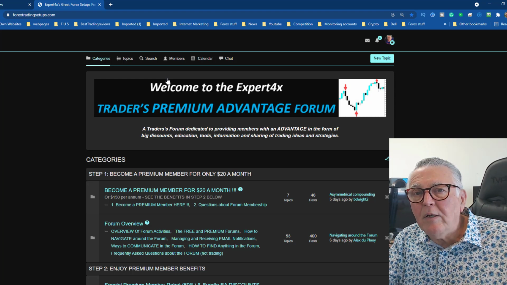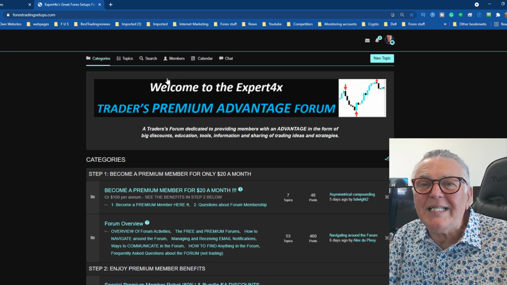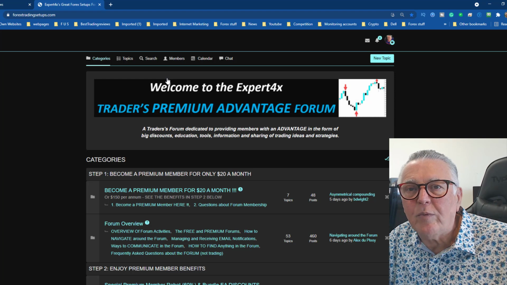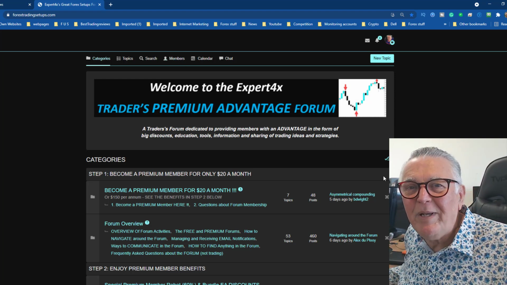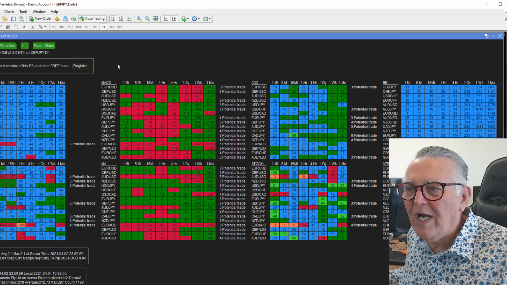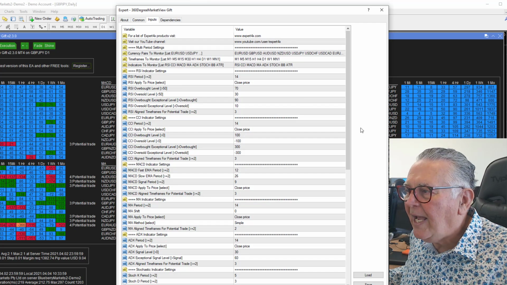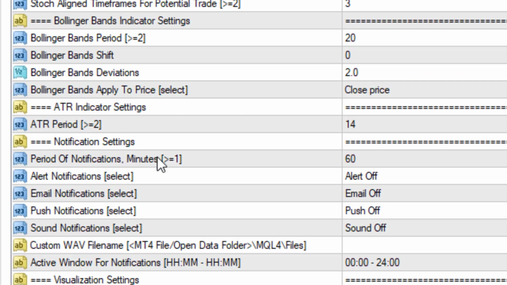And something I haven't shown you is the ability to set up numerous alerts for you to be alerted when these opportunities come up. So apologies for that. I'll just quickly mention that. Okay, we're back at the indicator. You just right click, go in there, properties, and right at the bottom here we have the ability for notifications.